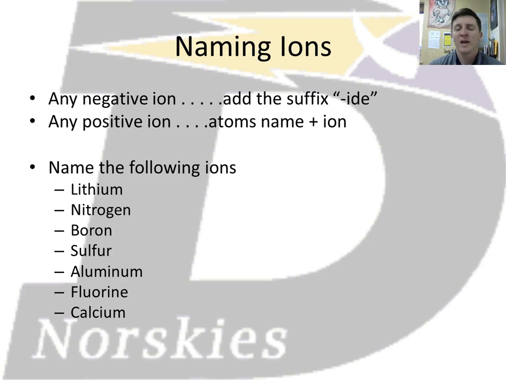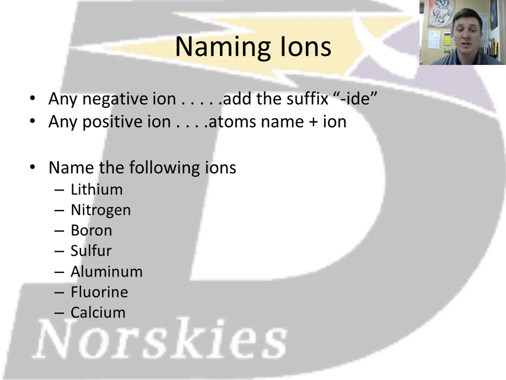The other thing is we have to name these ions. And naming is important when we get to writing compounds. So if you have a negative ion, you need to add a suffix IDE to the end of the name of the atom. If you have a positive ion, you're going to have to add the word ion to the atom's name.